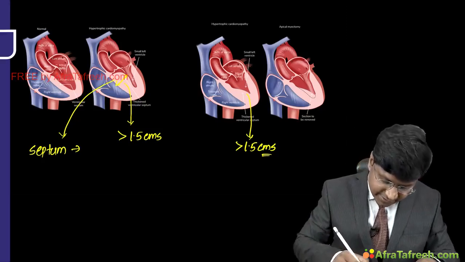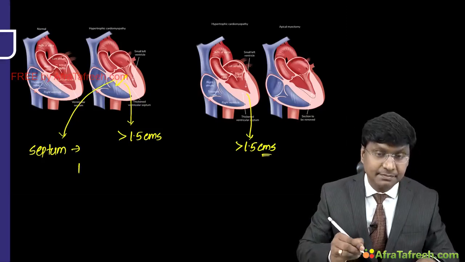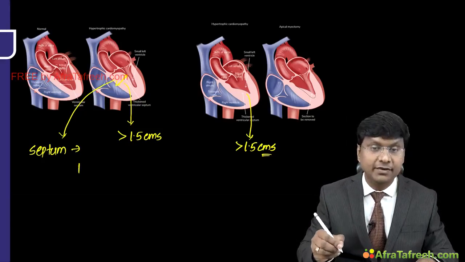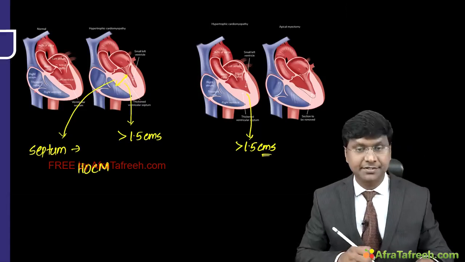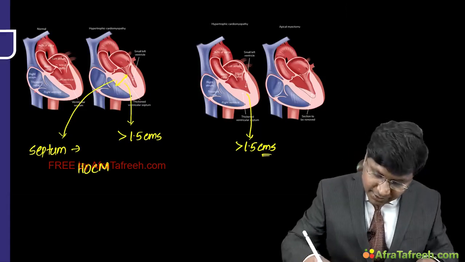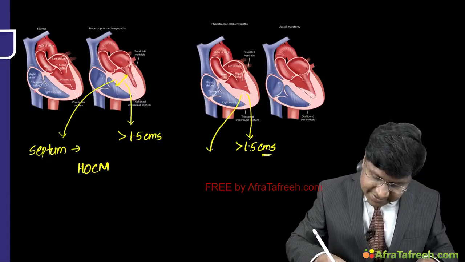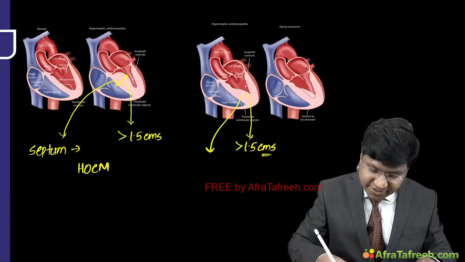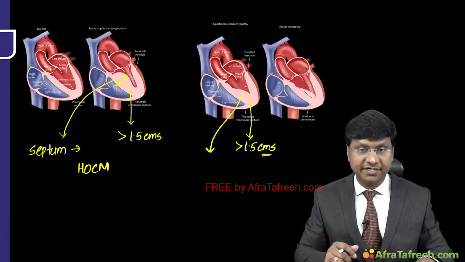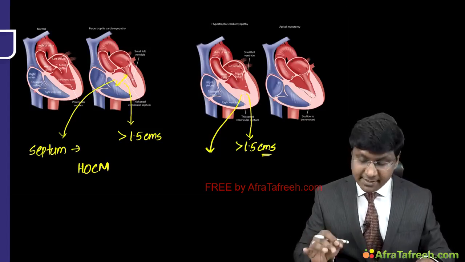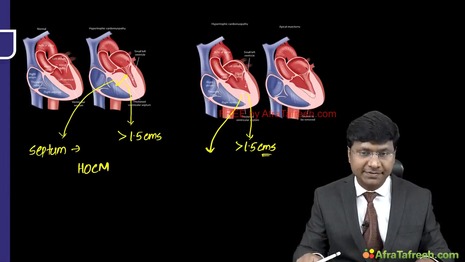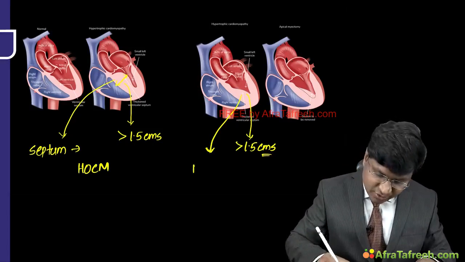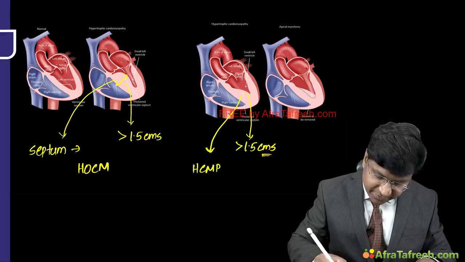Because it is causing obstruction to the LV outflow tract, this is also called hypertrophic obstructive cardiomyopathy. Whereas if the apex is hypertrophied, more than 1.5 centimeters, which is the criteria we have discussed, there is absence of LV outflow tract obstruction. So this is just called hypertrophic cardiomyopathy.